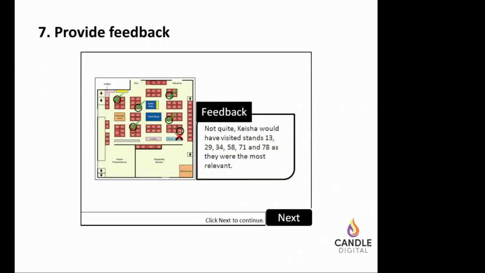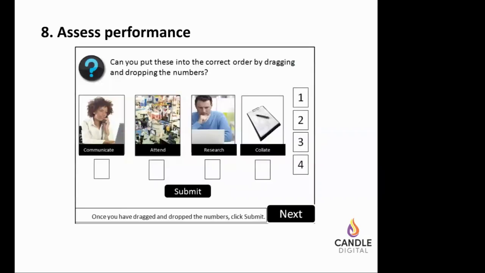This is not quite, but you got the majority right, but there was one that you got wrong, and you might include in that feedback, go back and do section 5 again, or 4, look at that again. And then this is where we assess performance. So this is more of a serious attempt to find out.